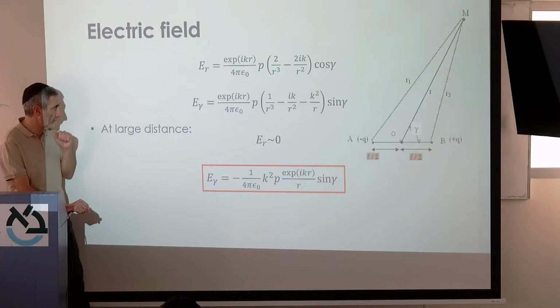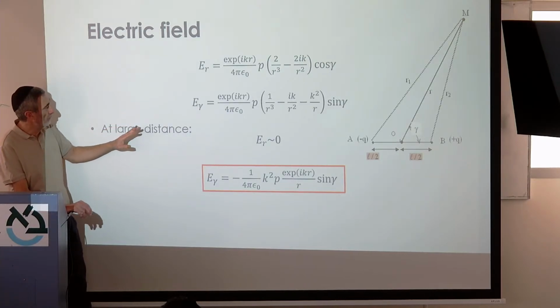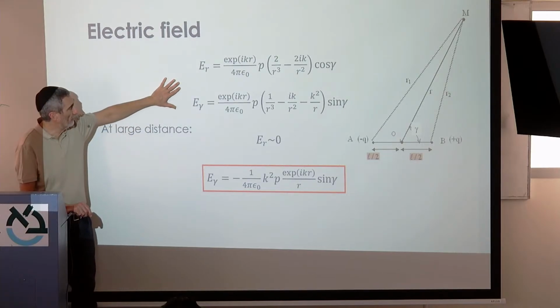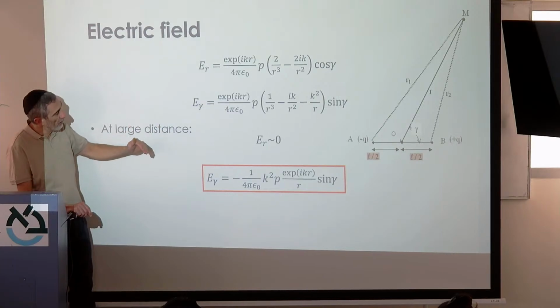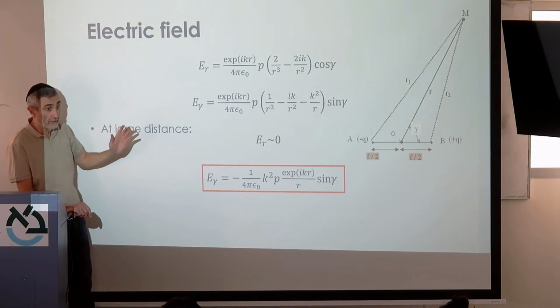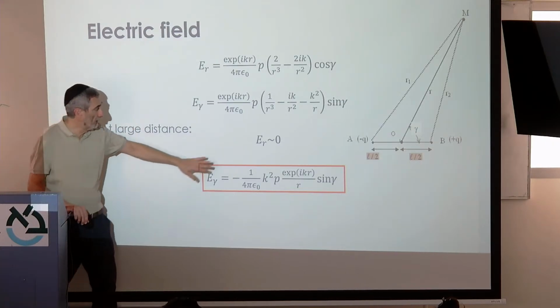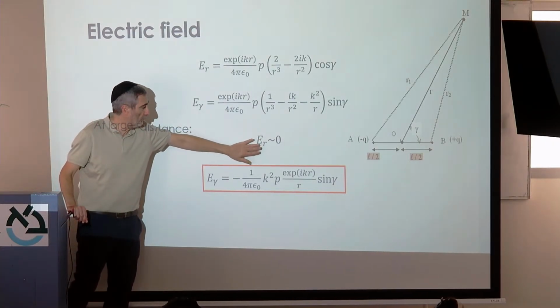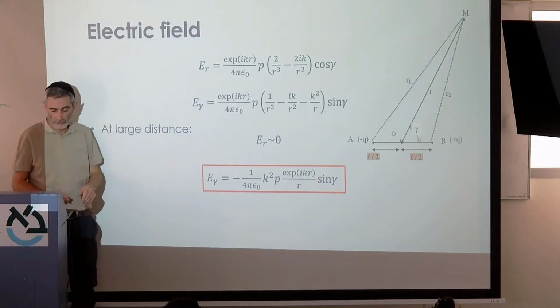So the exact solution has a component both orthogonal to R and also in the direction of R, but that's true near the scatterer. Far from the scatterer, this component vanishes, and you end up with only the orthogonal component here.